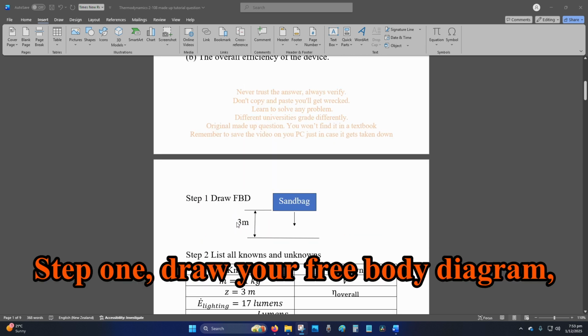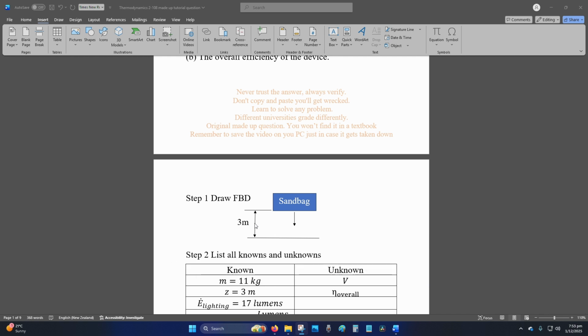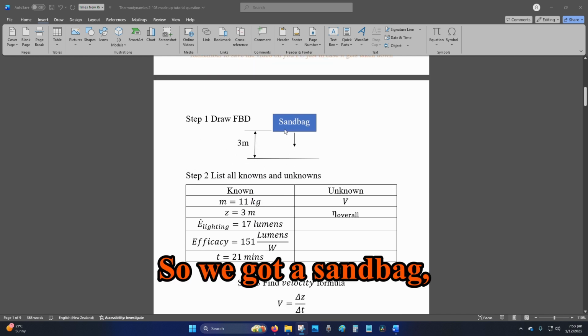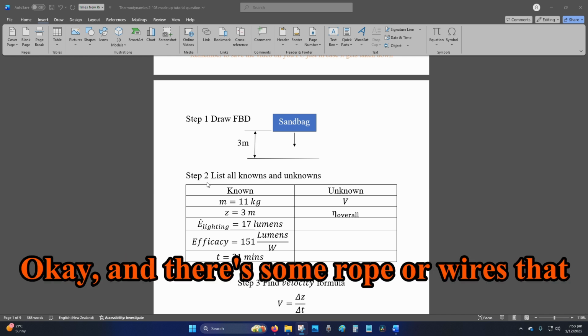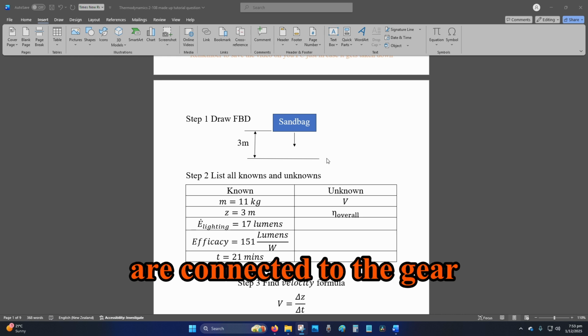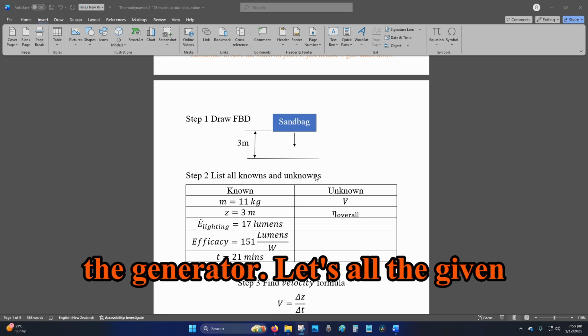Step 1, draw your free body diagram, your FBD. This will help you visualize the problem. So we got a sandbag, it's 3 meters in height, and there's some rope or wires that are connected to the gear train, which is connected to the generator.